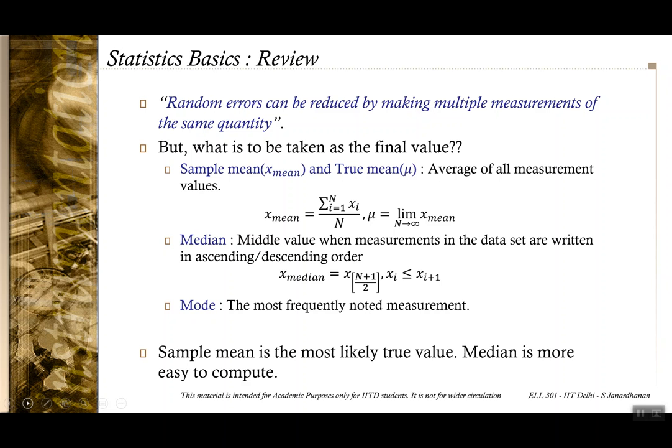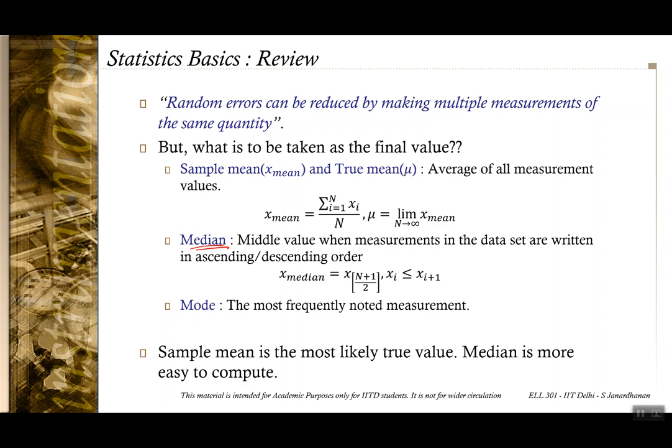One is the average of all the measurements, which is usually called the sample mean. Okay, which is just the average of all the measurements if you have n measurements, and as the number of measurements tends to infinity, the sample mean tends to go to mu, which is called the true mean of the measurement. Okay, so after mean we have median, which is the middle value when the measurements in the data set are arranged in either ascending or descending order.